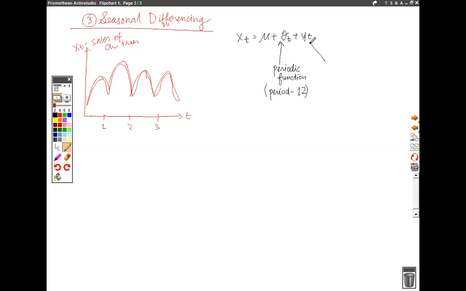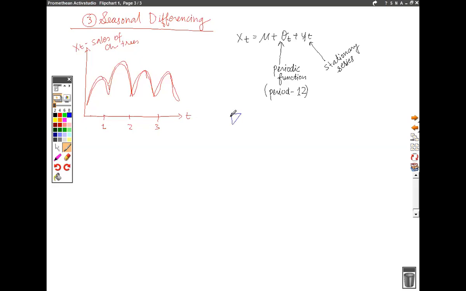So that's it. And this y again, I assume is some stationary series, a proxy for my residue. So I'm assuming that my y is a stationary series. Now when I say that I'm going to use seasonal differencing to transform my data, what in essence I'm doing is something like this.